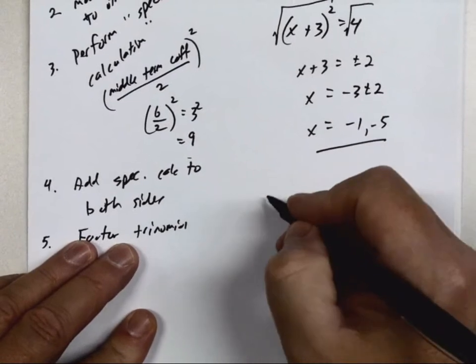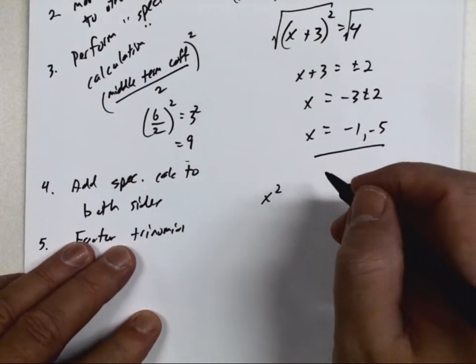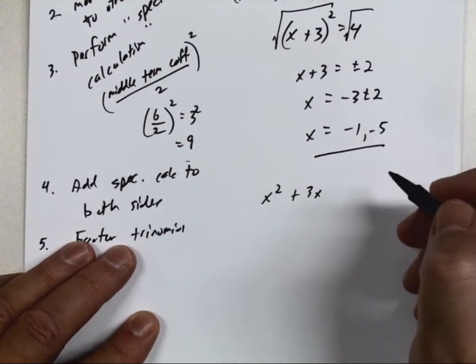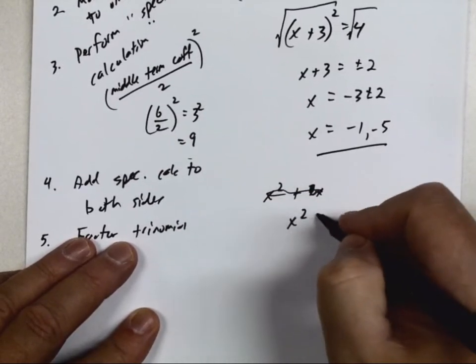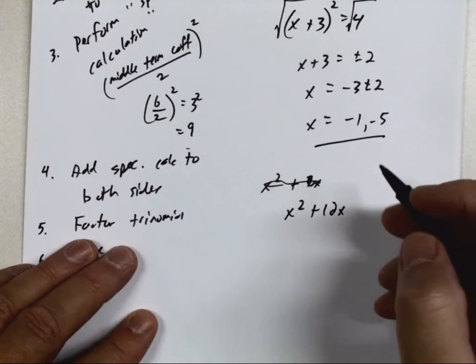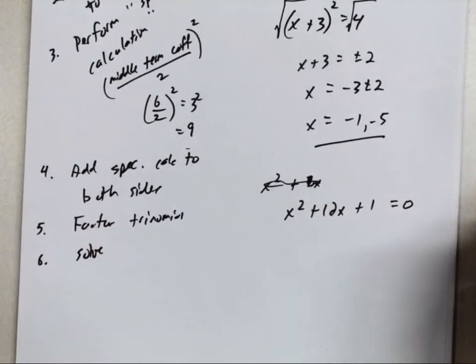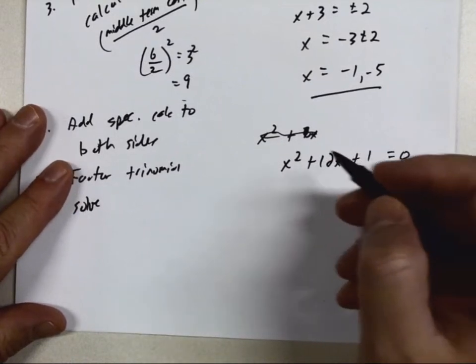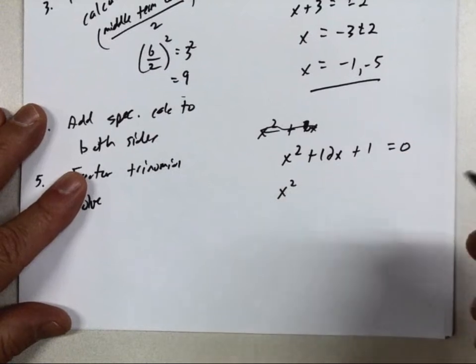Let me quickly, I'm trying to think of a quick problem. This does not factor. If I try to solve it by completing the square, I'm going to do it very quickly because I'm running out of time. I think I have to finish this classroom.